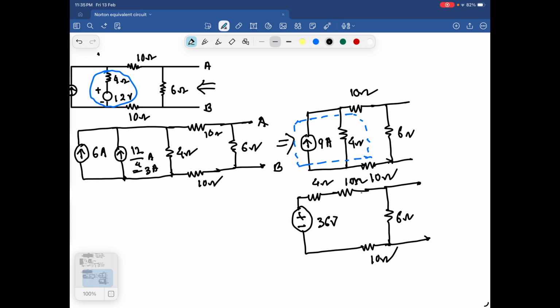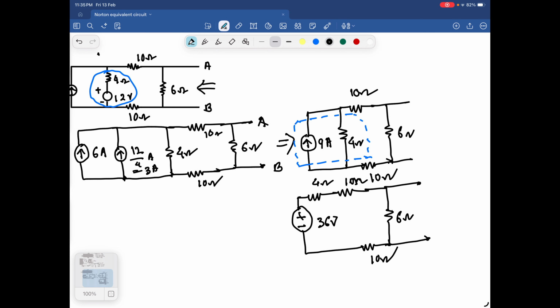Now the sum of these resistances, as this is open, no current will flow through this path. So 4 ohm, 10 ohm, 10 ohm, 6 ohms. So what I can see, 10 plus 10 plus 6 plus 4, 30 ohms.